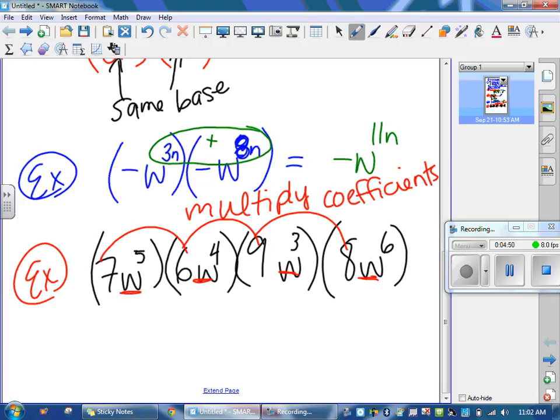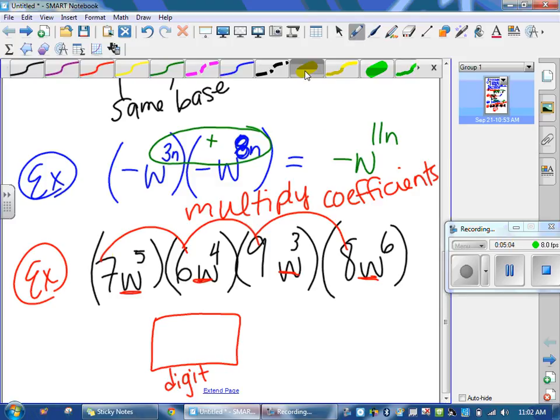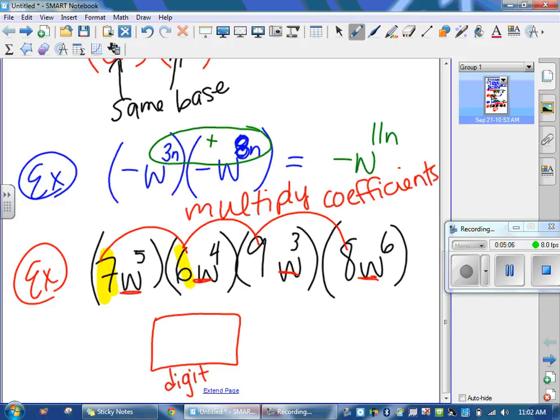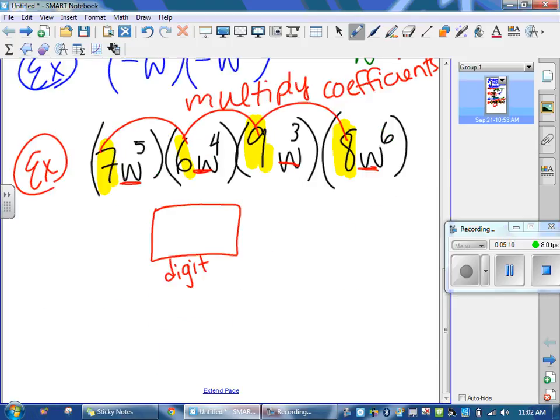Same base, I'm going to add all my exponents there. So I'm going to have a digit. That's my answer for multiplying all those coefficients, so the coefficients I'm multiplying are the 7, the 6, the 9, the 8. Remember, coefficient, the word co means in front. So that's why you're multiplying the numbers in front.